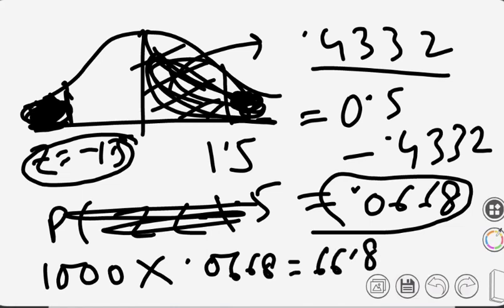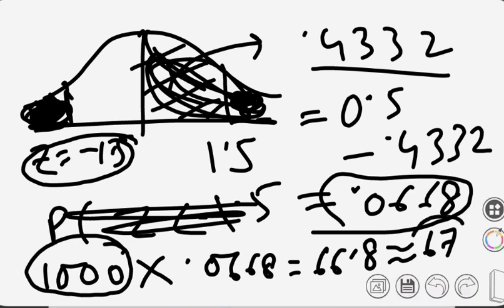So approximately 67 bulbs. So out of 1000 bulbs, there will be 67 bulbs which will go out within 90 days.